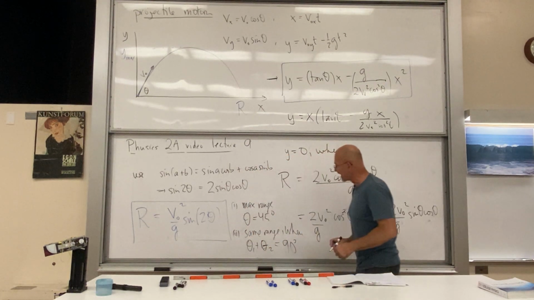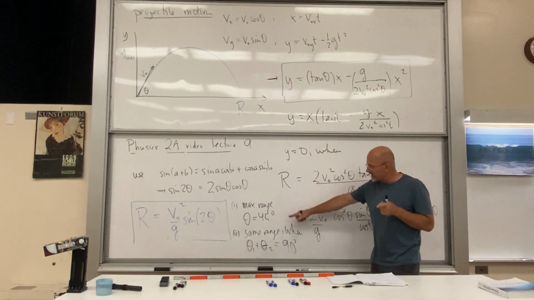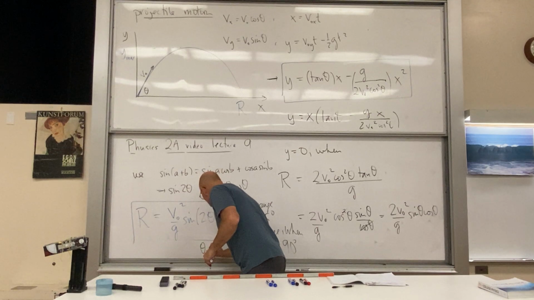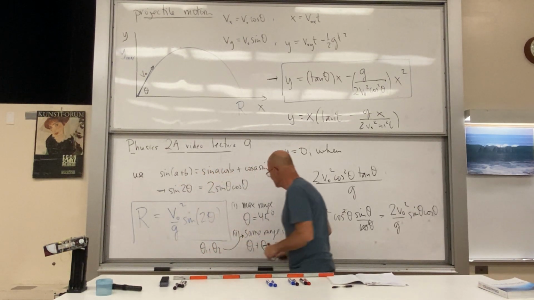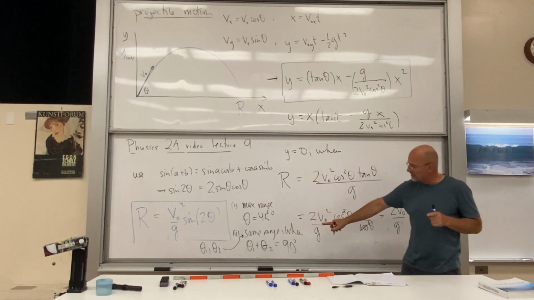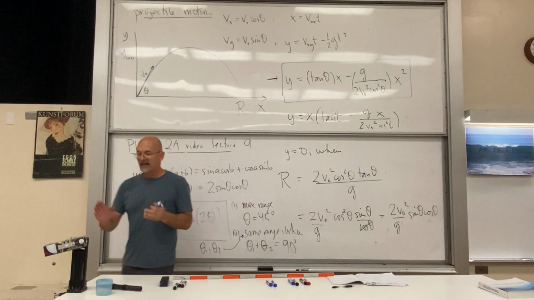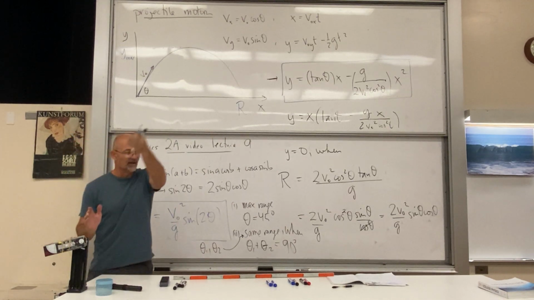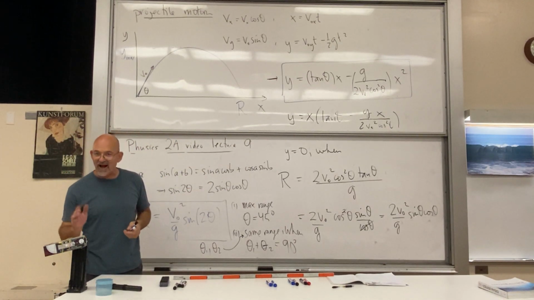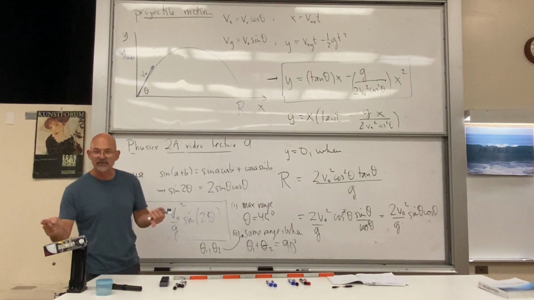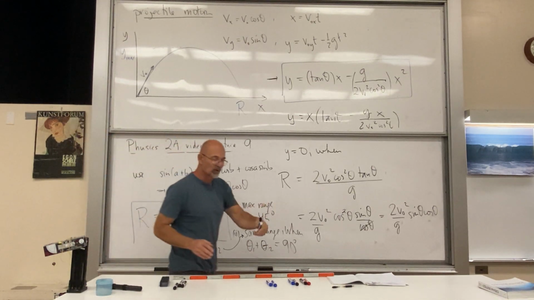Those are the complementary angles. So we should write theta 1 and theta 2 have the same range. Theta 1, theta 2, arrow, same range, when theta 1 plus theta 2 equals 90 degrees. So that's why when I had that thing dialed in to making it into the box at 75 degrees, I knew if I could seek out the 15 degree angle, 75 plus 15 is 90, I'd get the same range.